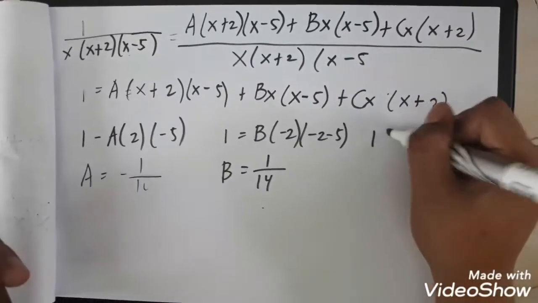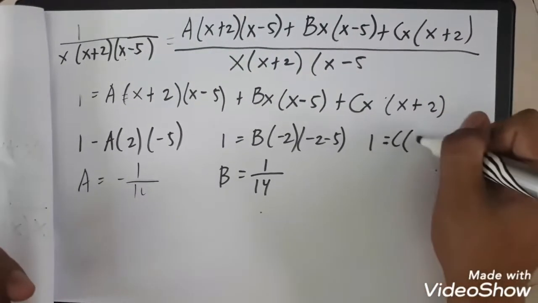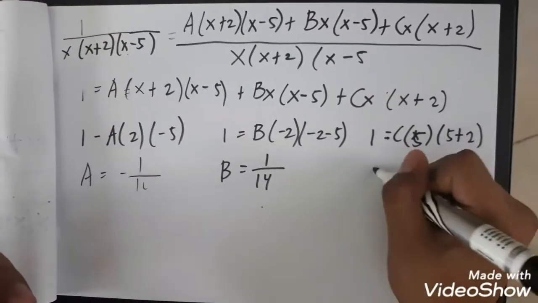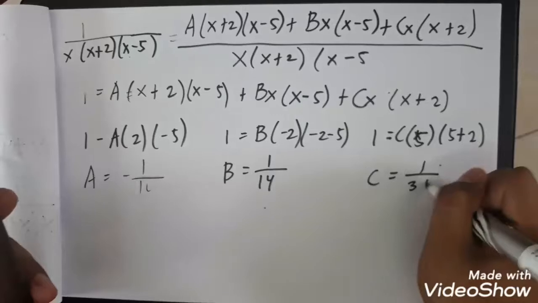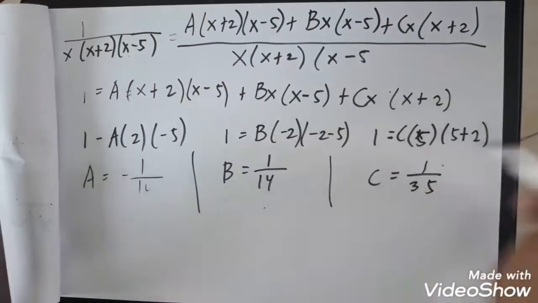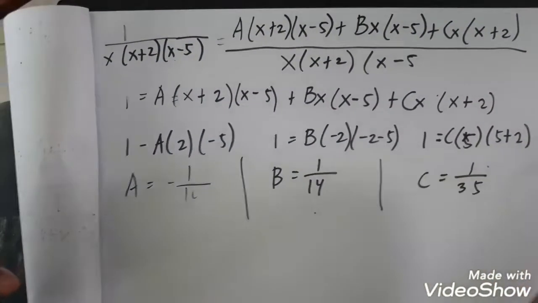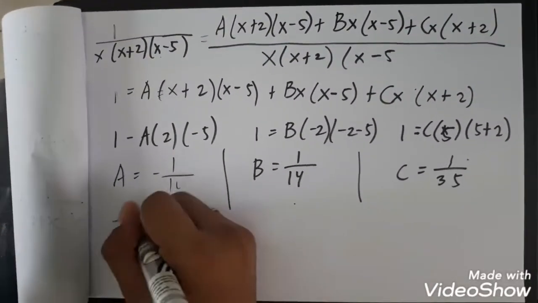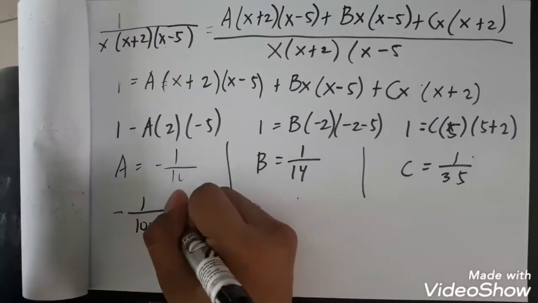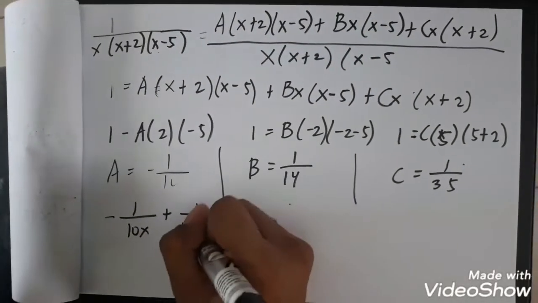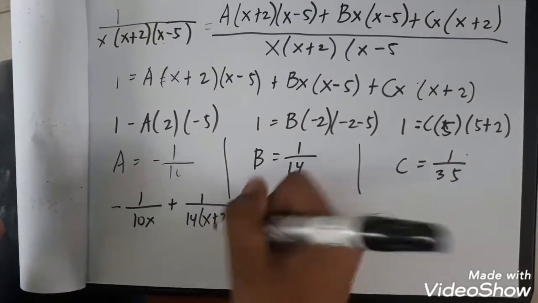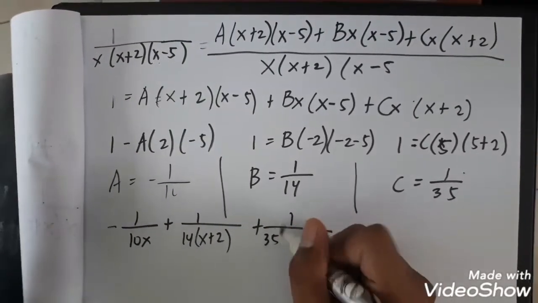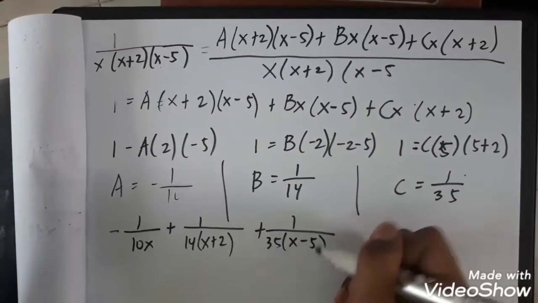And 1 is equal to C times 5 times 7, so C is equal to 1 over 35. Plugging these values back into the original expression gives negative 1 over 10x plus 1 over 14(x plus 2) plus 1 over 35(x minus 5).